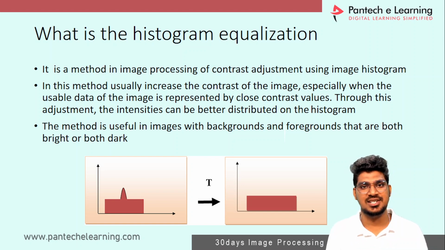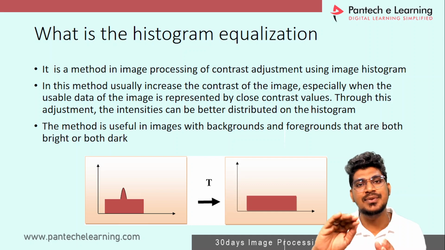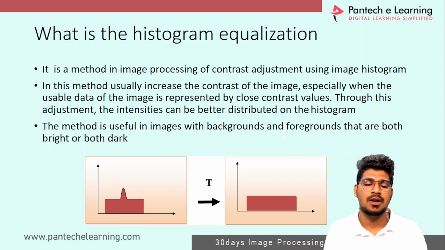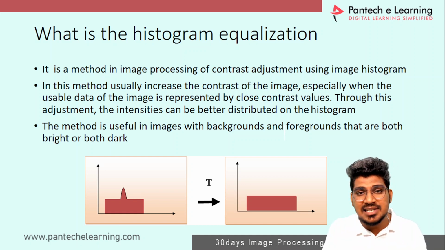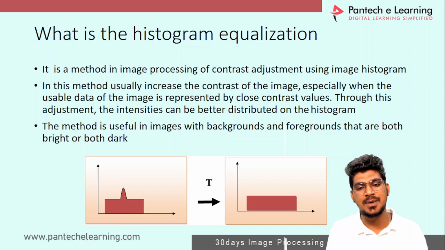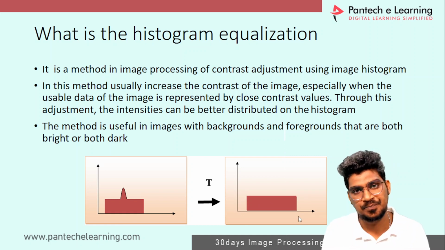That is called equalization. When the image pixel intensity, the color intensity, is not equal, and you apply histogram equalization, it will help to even out the color intensity or pixel intensity.